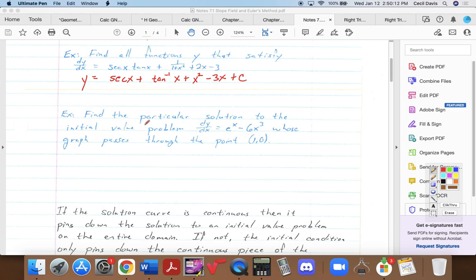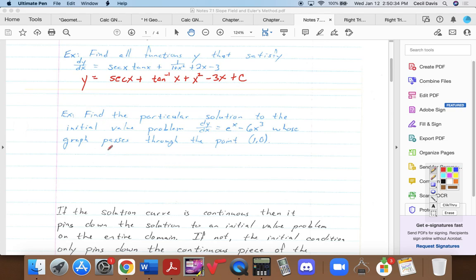This one says find the particular solution to the initial value problem, dy dx equals e to the x minus 6x cubed, whose graph passes through the point 1, 0. So now we don't want just any solution. There's only one solution that's going to pass through this point and have this derivative.